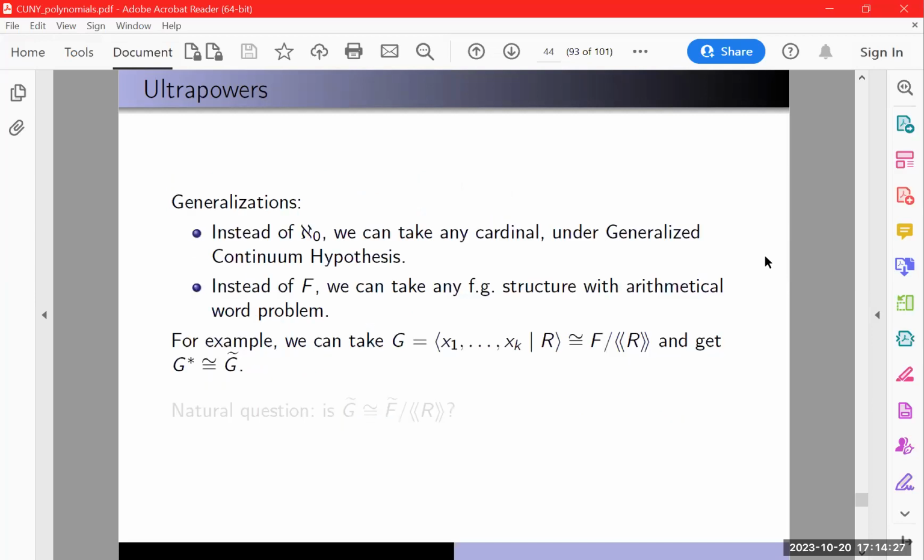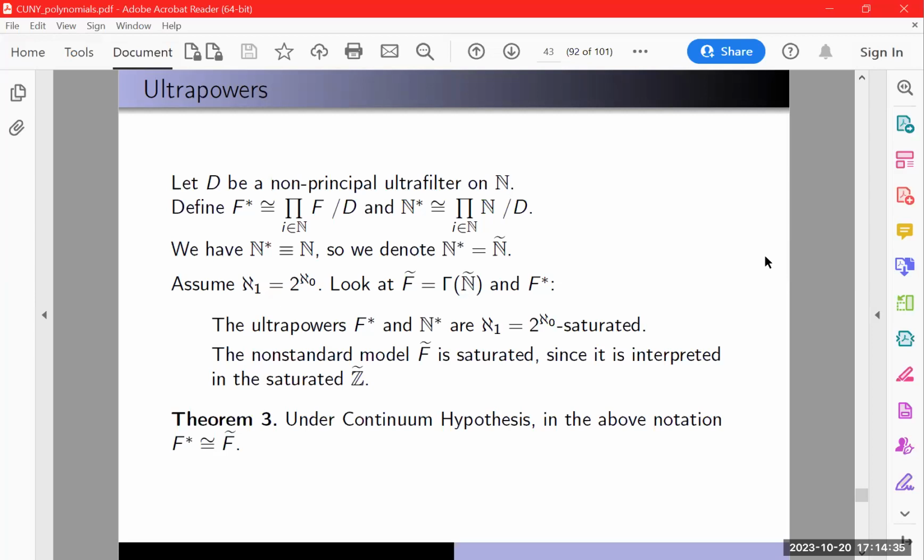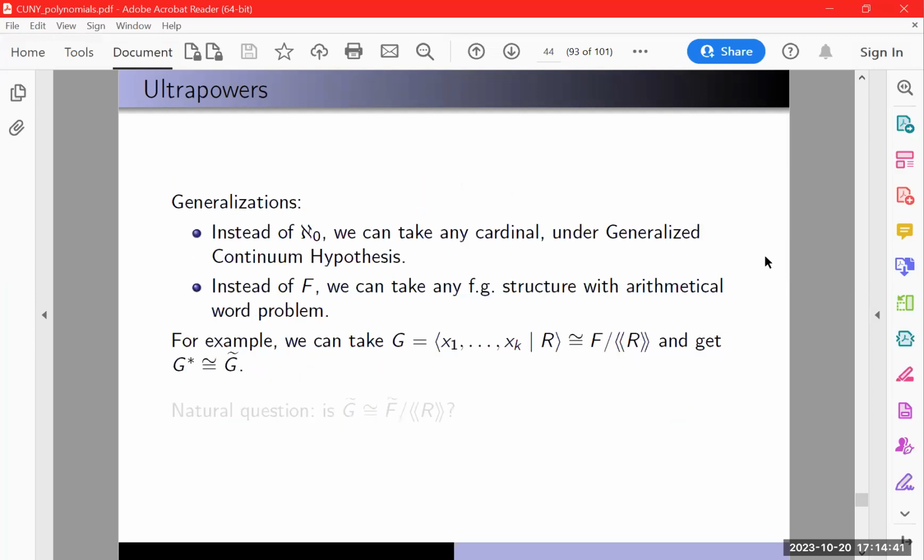I'm not going to have time to expand on this, but if you look at this bit of reasoning, of course, it's not particularly important that we had a free group. You can do the same sort of trick with pretty much anything as long as it has arithmetic word problem.